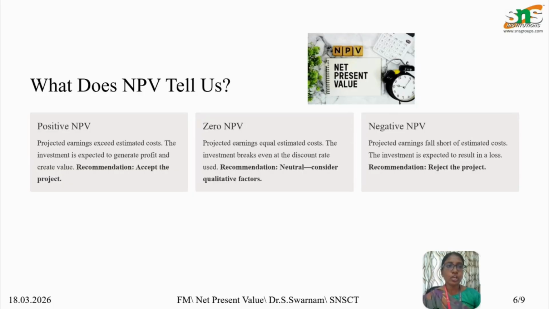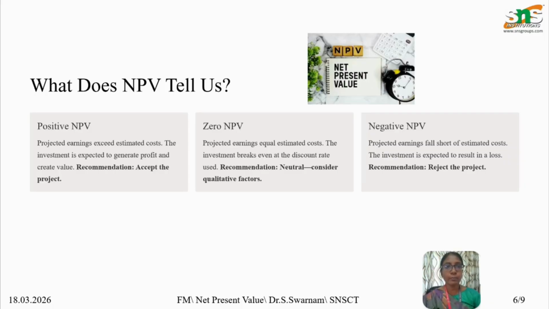When we talk about NPV, the formula for calculating the net present value is present value of cash inflows minus present value of cash outflows. We have three criteria for selecting projects under NPV. The first one is positive NPV.